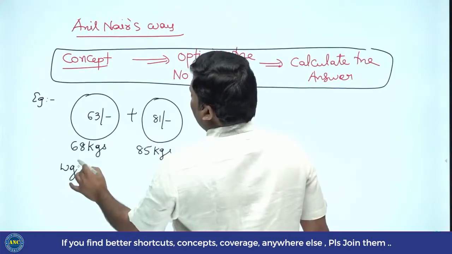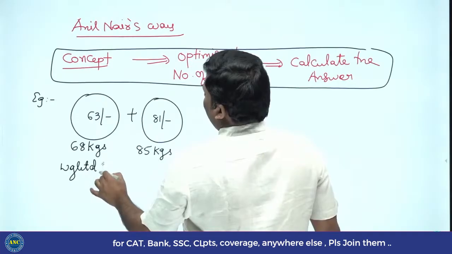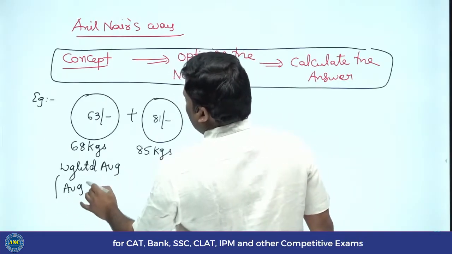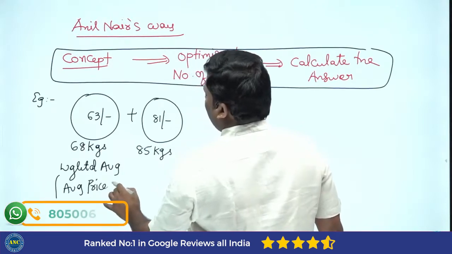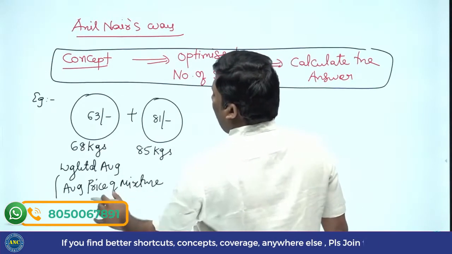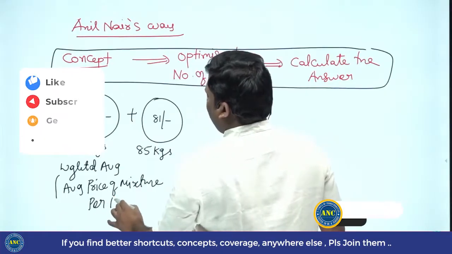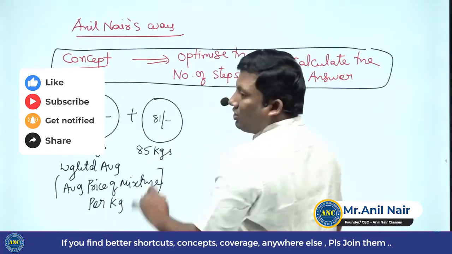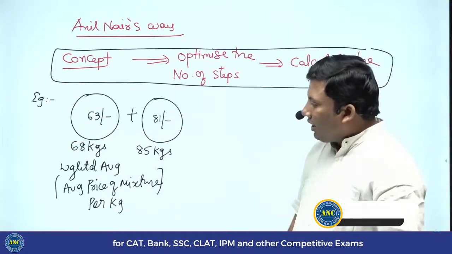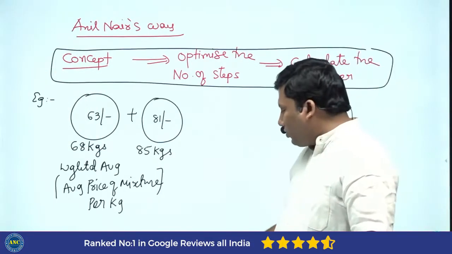Find the weighted average. Weighted average means the average price of the mixture per kg.